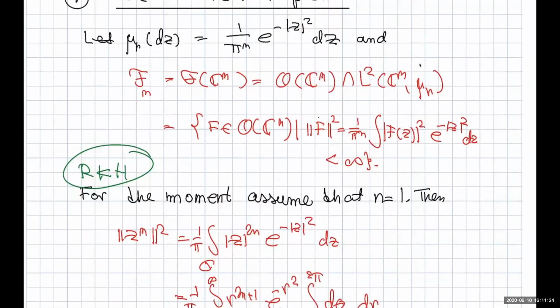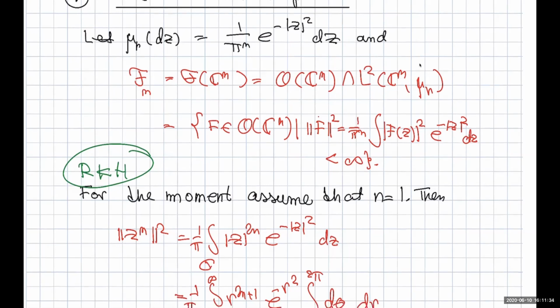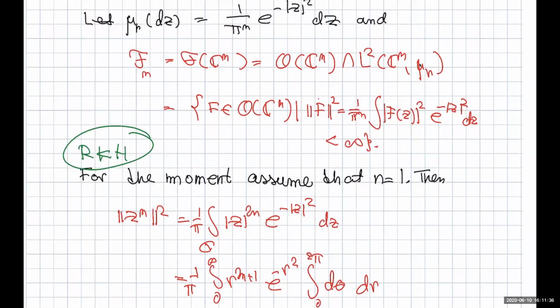So the Fock space is then the space of all holomorphic functions which are L2 with respect to this measure. And as you see, we have here this density. So this is a reproducing kernel Hilbert space. And I will write down the reproducing kernel in a moment.